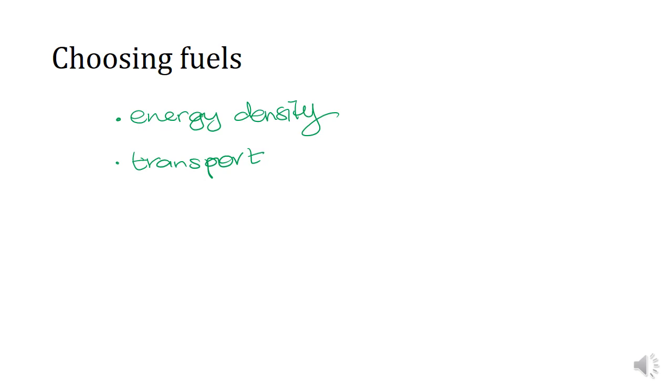So energy density, ability to transport, and then really our tertiary concern, environmental byproducts and issues surrounding the environment. I know I've just written energy density, but it's also that specific energy when we look. So when we're choosing fuels, these are our top three concerns.